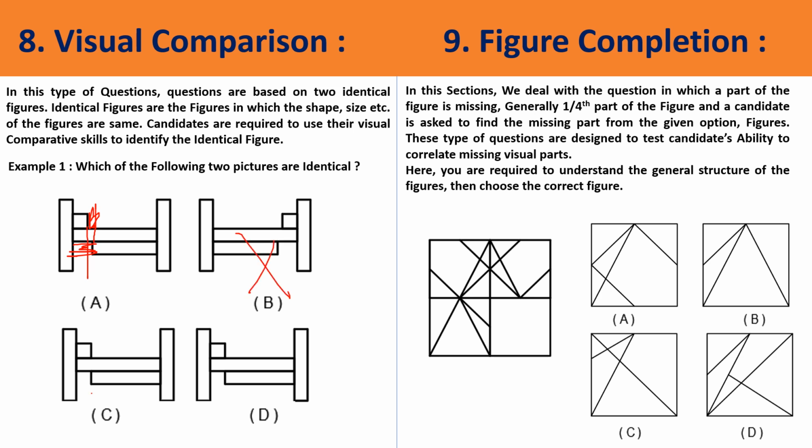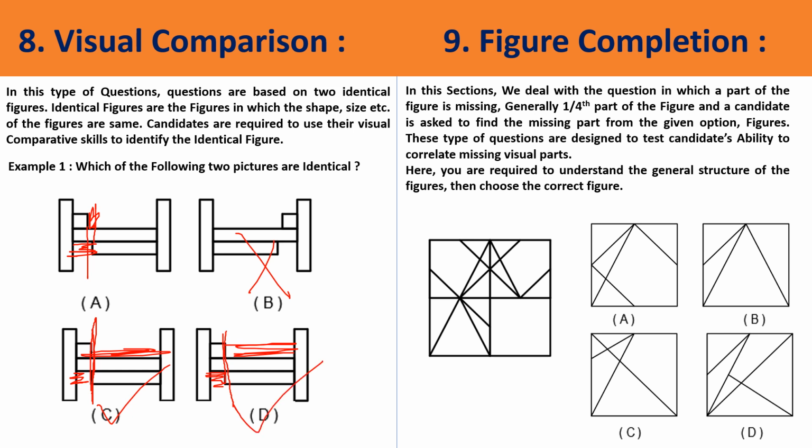Then if we take the projection of this line, it is in the same phase, and this is also okay. Then D is also following the same line, and it also has a negative space over here and over here. So C and D are identical.